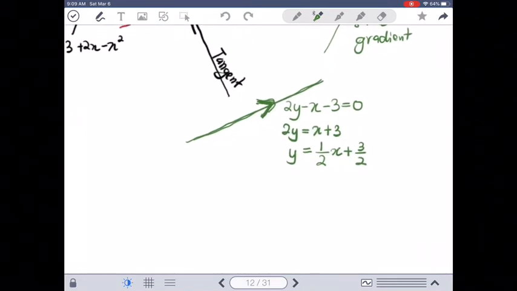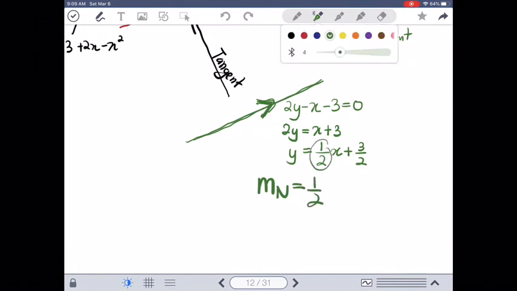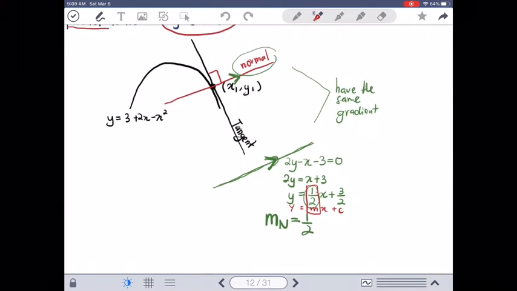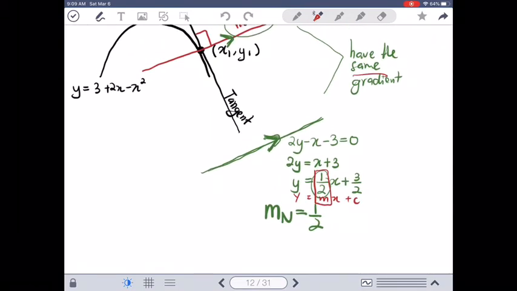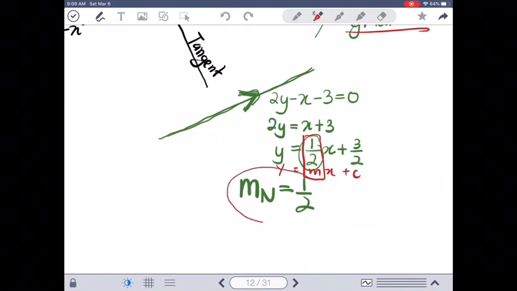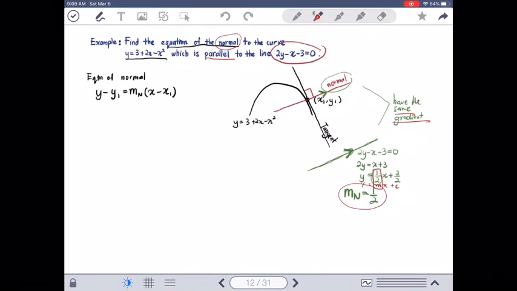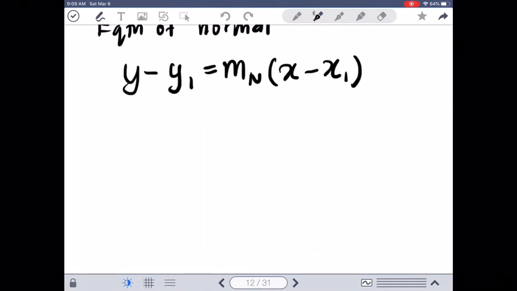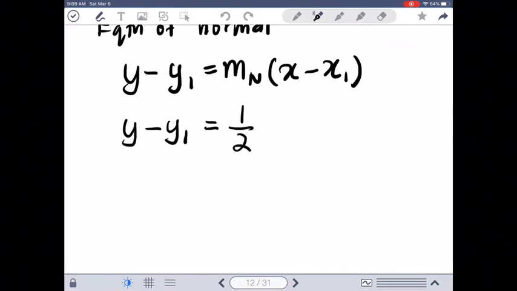Therefore, we have the information that mn is equal to 1 over 2, from the general formula y equals mx plus c. Since both the straight line and the normal are parallel, both have the same gradient. Therefore, the gradient of the normal is just 1 over 2. Hence, we have y minus y1 equals 1 over 2 times x minus x1.